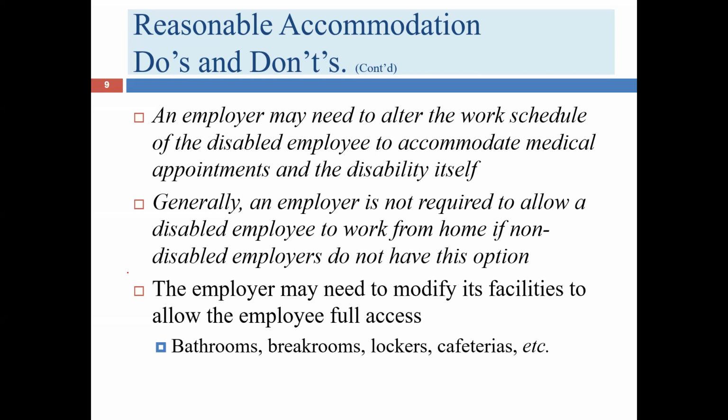There also needs to be access for the employee to all of the spaces that are intended for employees in terms of benefits. For example, the cafeteria, the break room, the employee workout room. If there's an employee dry cleaners, the disabled person ought to be able to access that.